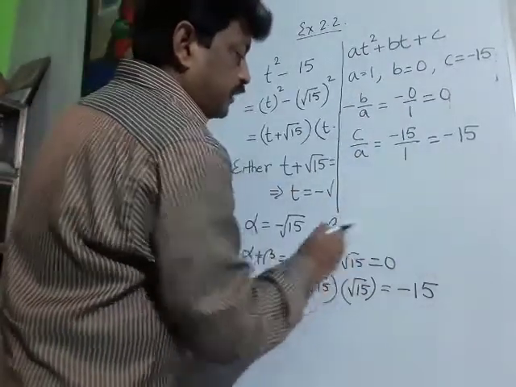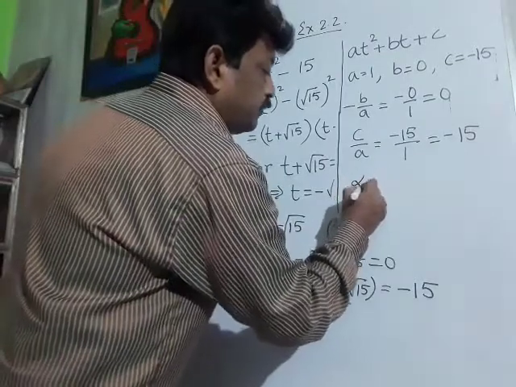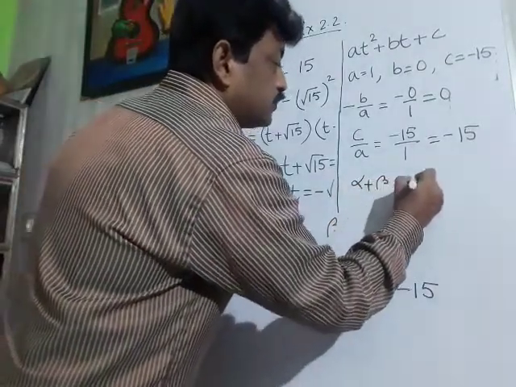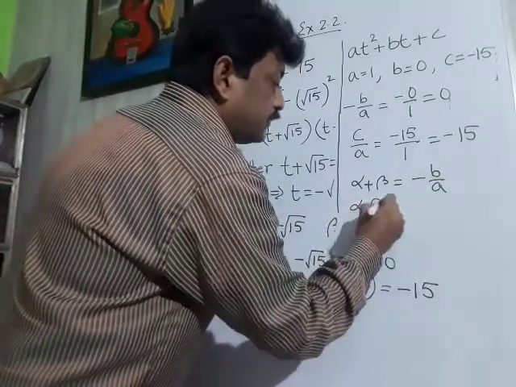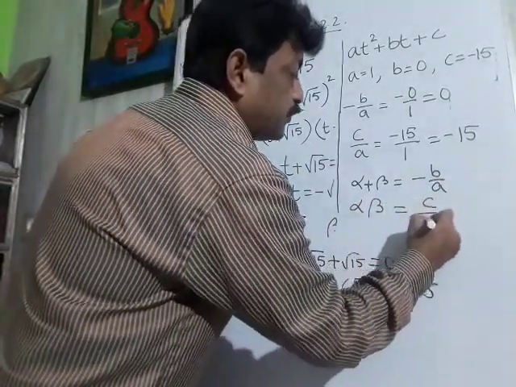Therefore we can say that alpha plus beta is equal to minus b upon a, and alpha into beta is equal to c upon a.